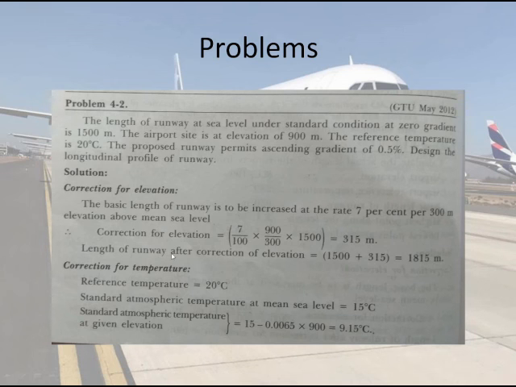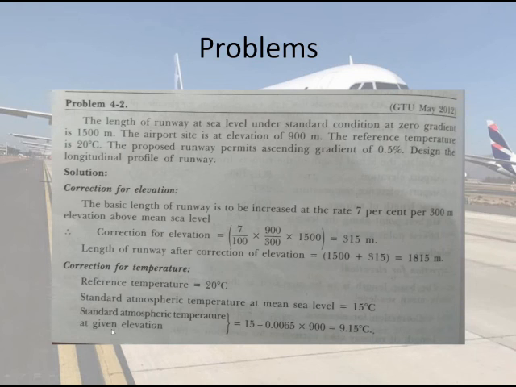The length of runway after correction of elevation is equal to 1500 plus 315, which is 1815 meters. Correction for temperature. Reference temperature is equal to 20 degrees centigrade. Standard atmospheric temperature at mean sea level is equal to 15 degrees centigrade.